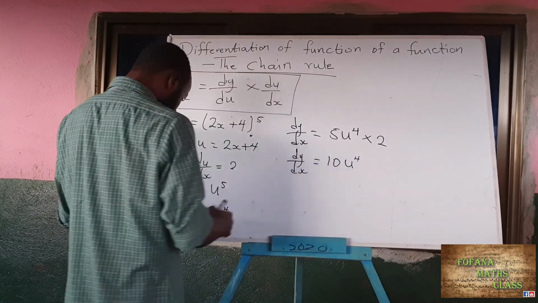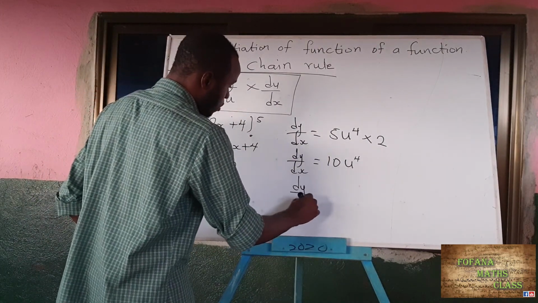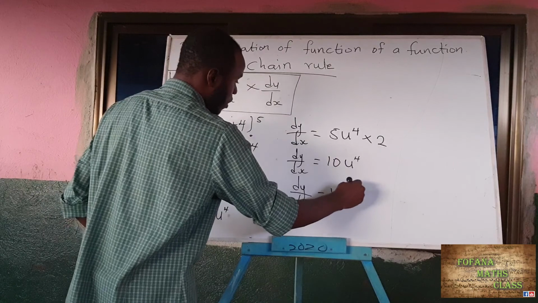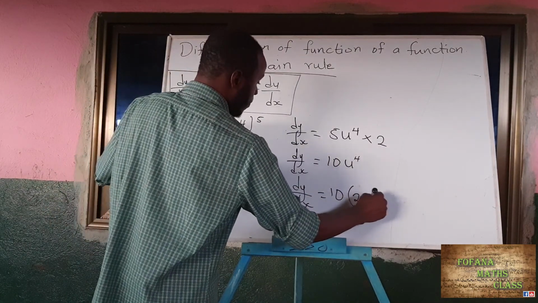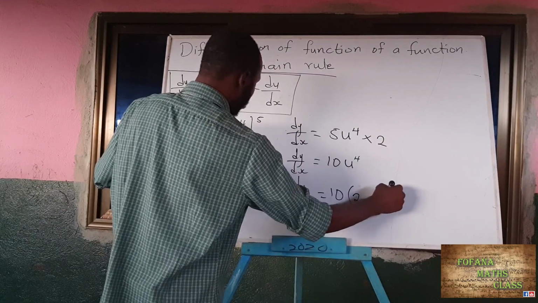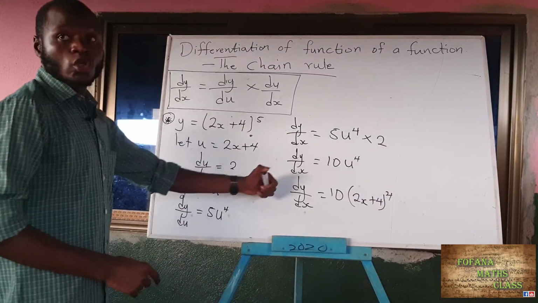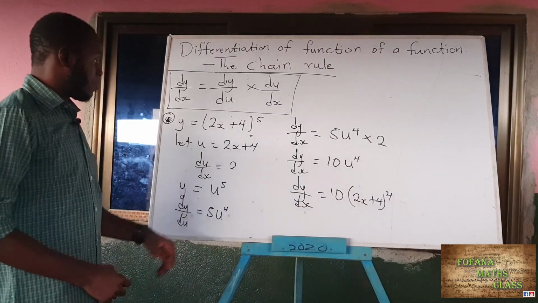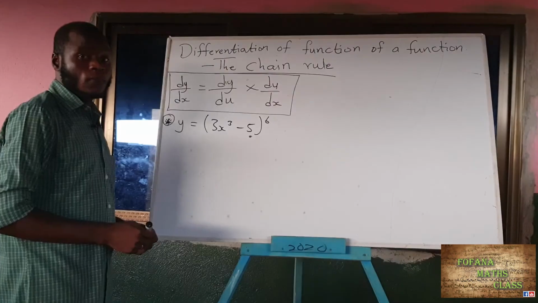Having done that, you substitute the u value back into the expression. So we have 10 times (u) to the power 4, where u is equal to 2x plus 4. So this will be the short solution for this particular example. Now we will tackle one more example, then we'll call it a day.